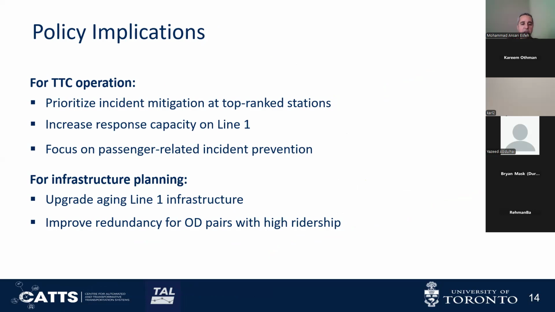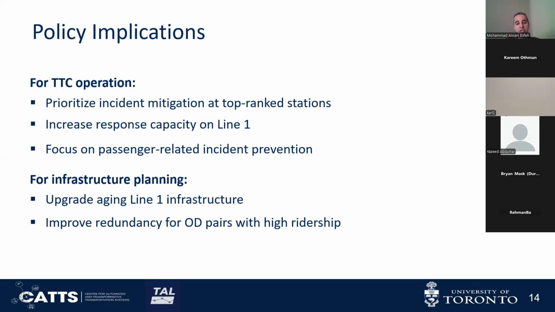These vulnerability discussions can be translated into policy implications for TTC. From an operational perspective, stations that show high vulnerability need to be prioritized with incident mitigation and probably faster response capacity, especially those along line 1.